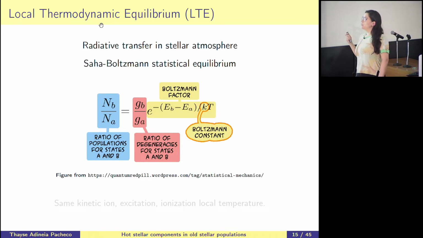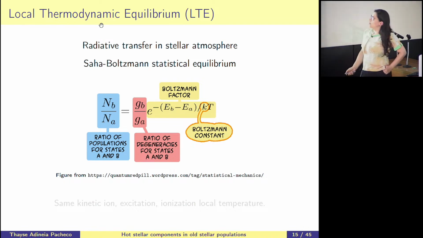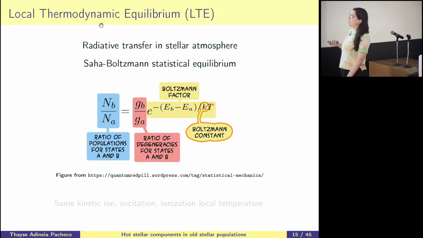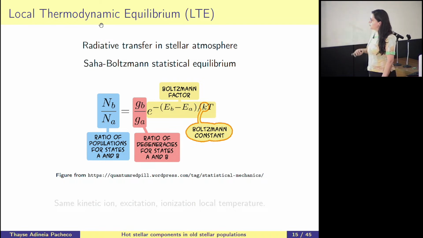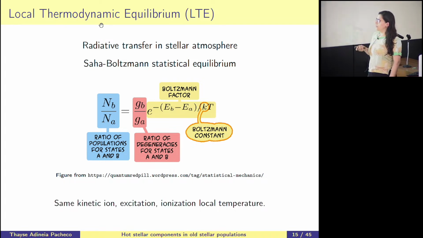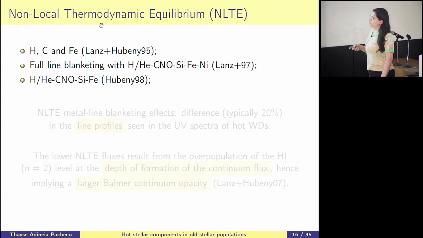Most models are built in local thermodynamic equilibrium, with the atmosphere described by Saha-Boltzmann statistical equilibrium. But we have some limitations here because the kinetic temperature for ion excitation and ionization is assumed to be the same as the local temperature. And it's not true. So we need to build some more complete models in non-local thermodynamic equilibrium, or non-LTE.